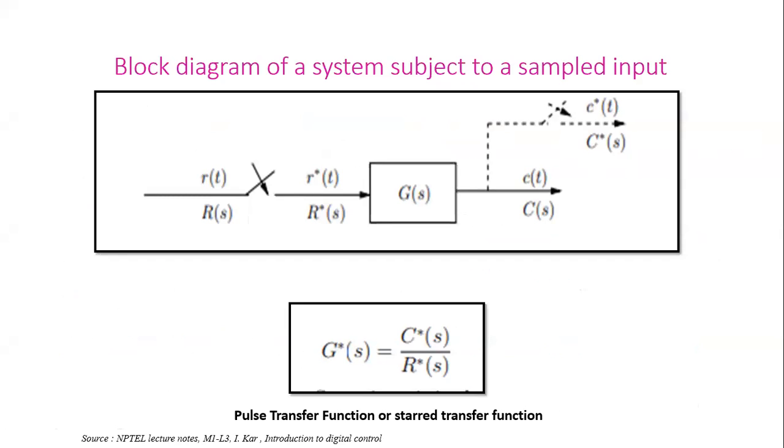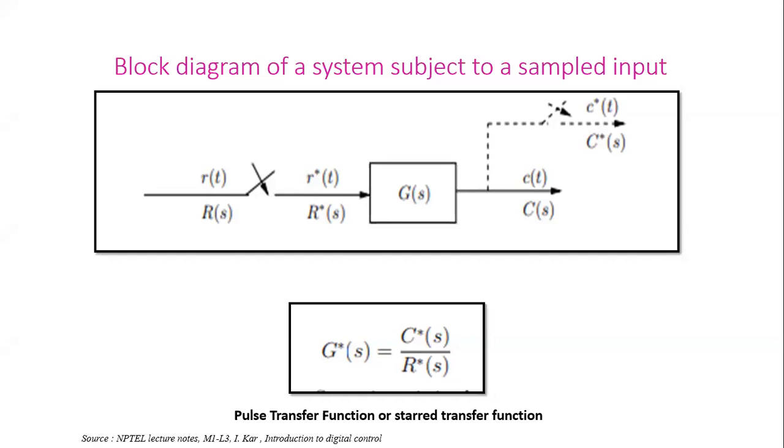Now, what was happening in continuous signals is we did not have anything like a switch or anything of this kind. We had all the variables available continuously. But the moment we say it is a digital system, we know that there will be a controller available. Please understand, there are references which are hesitant to call the controller digital explicitly, because the moment you say it is a controller, it has to be digital.